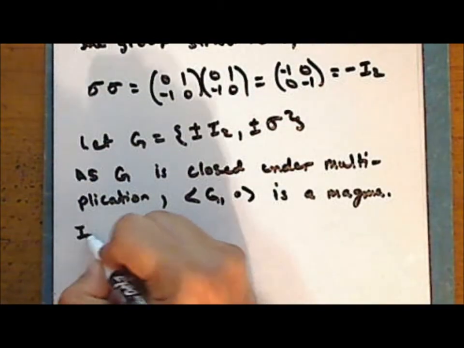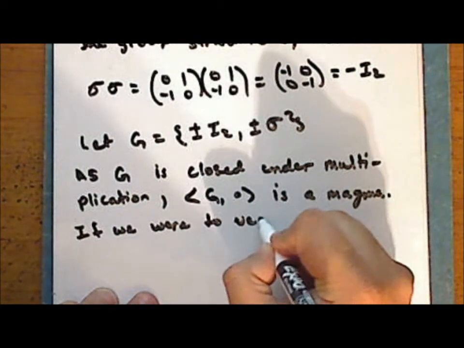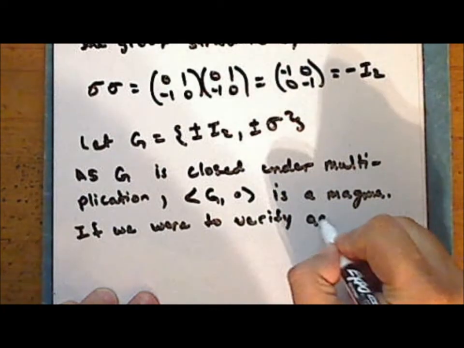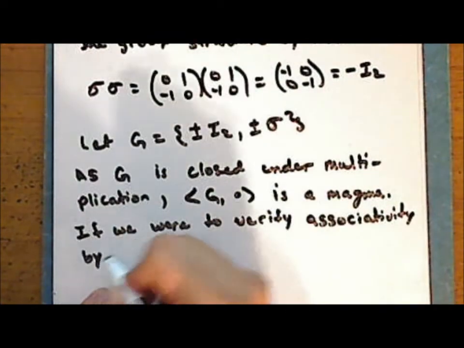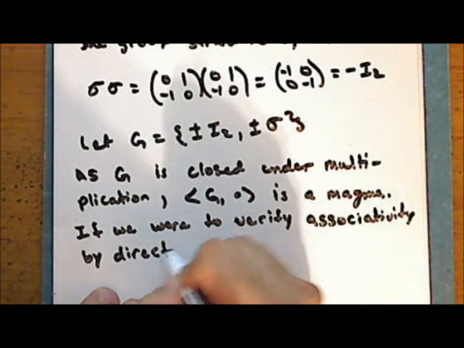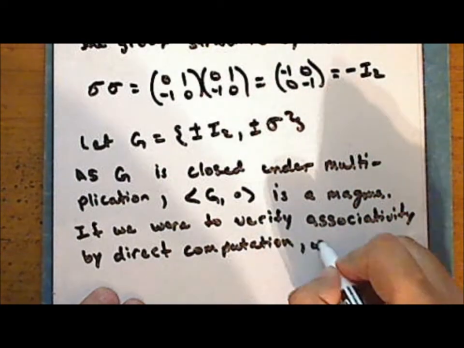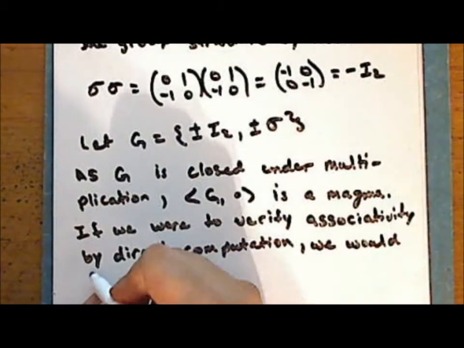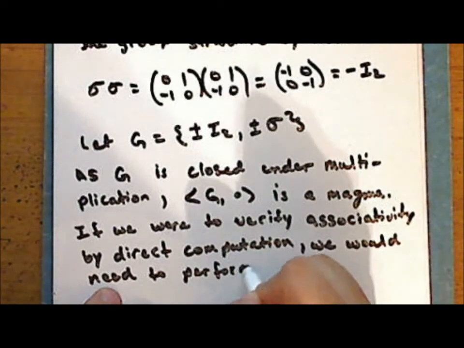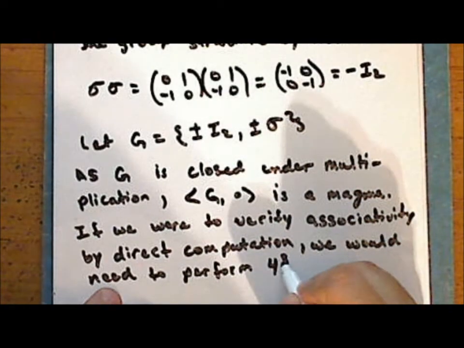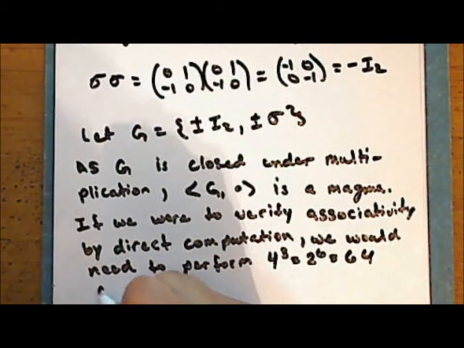Now, if we were to verify associativity by direct computation, we would need to perform 4 cubed, or 2 to the 6th power, which is 64 computations.